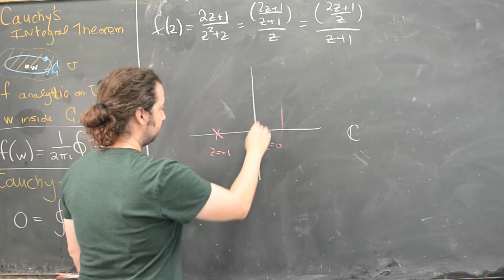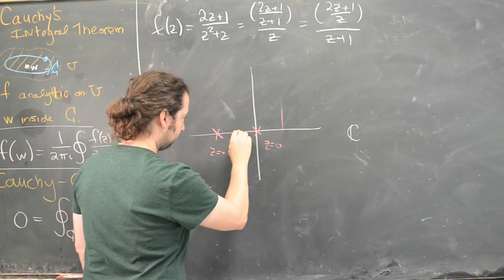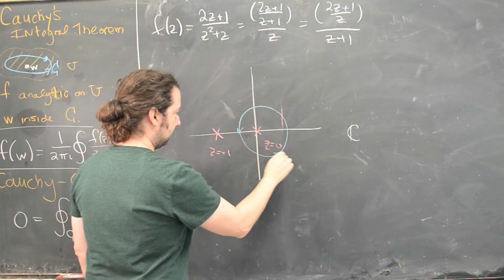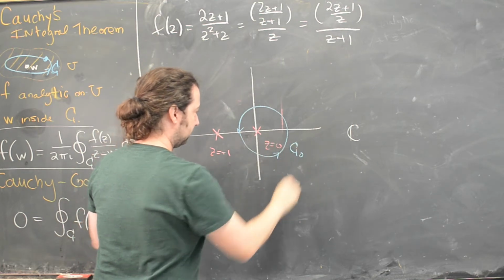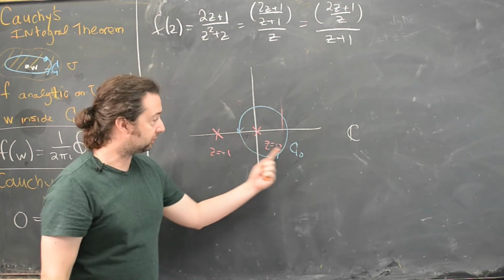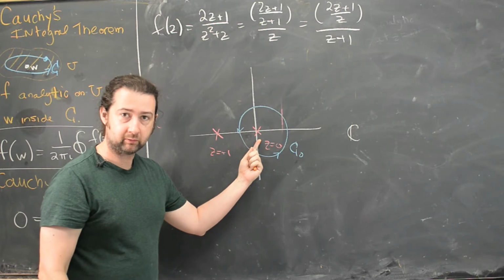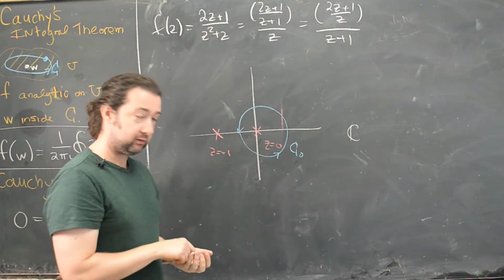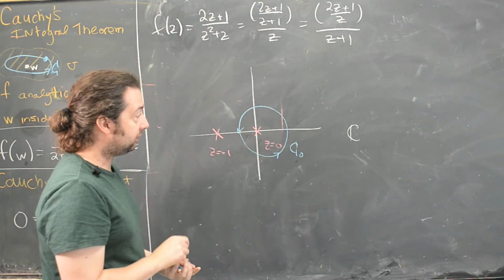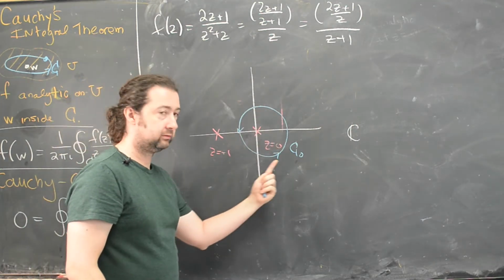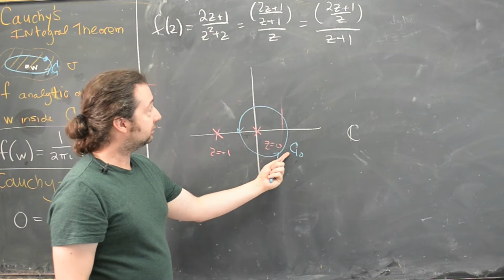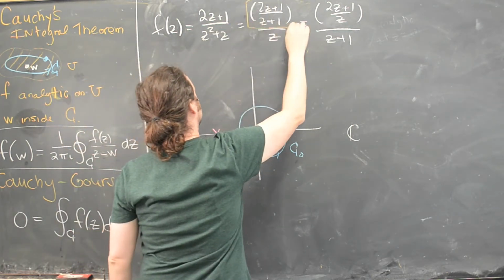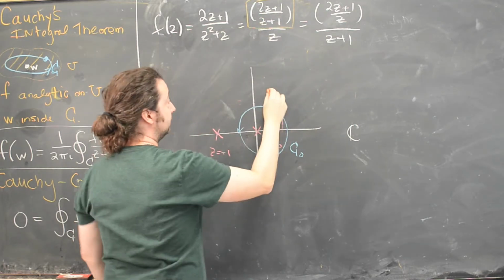So I'm going to call this contour, so we'll make a circle here, C0, for a circular contour that goes around the asymptote z equals 0. Now notice that on this set, this function is analytic.